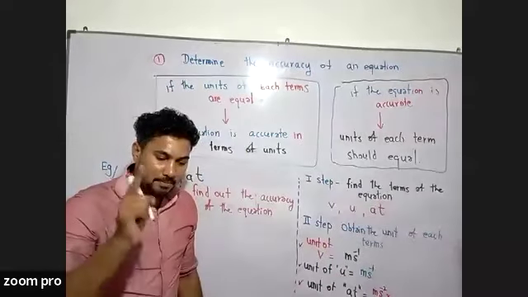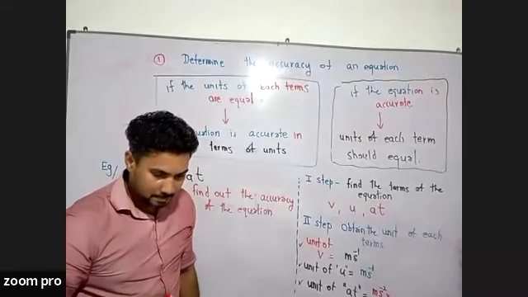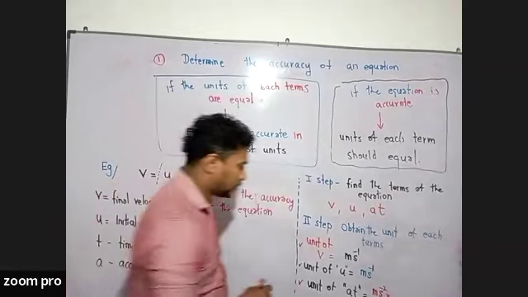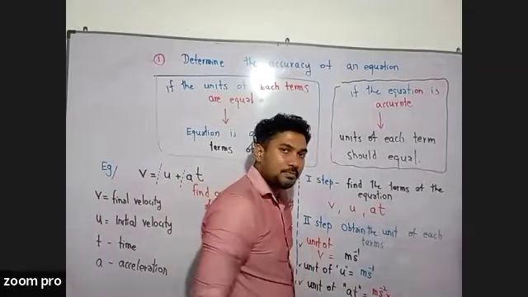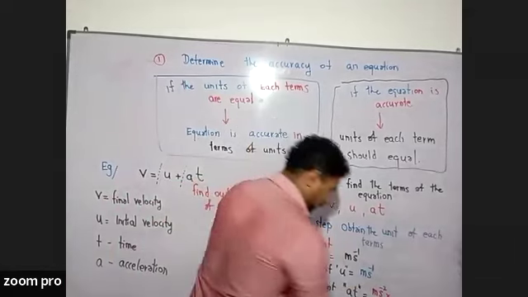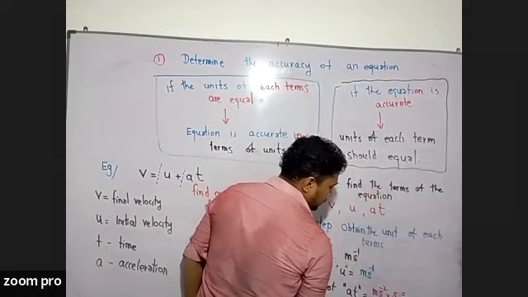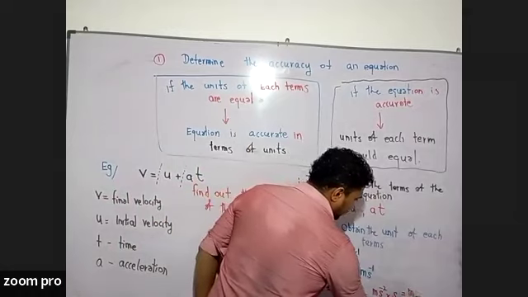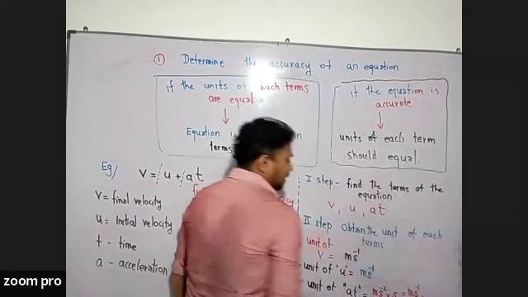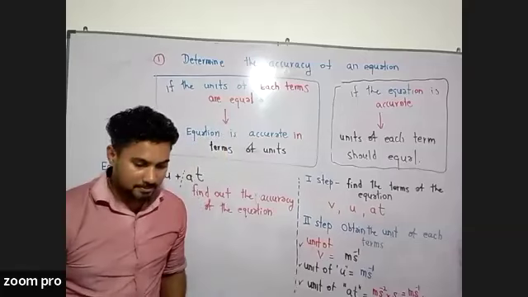It should be ms^-2, multiplied by the unit of time, which should be seconds, right? If I simplify these two, I obtain the answer ms^-1.